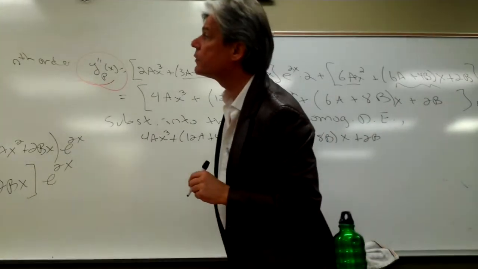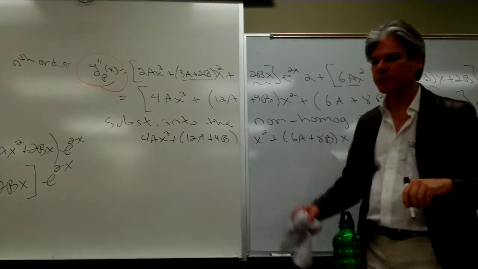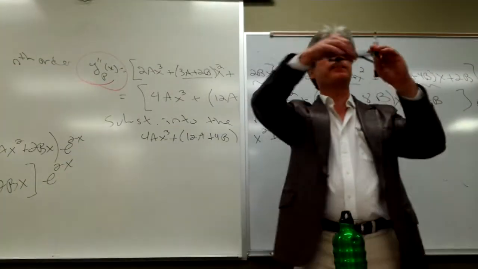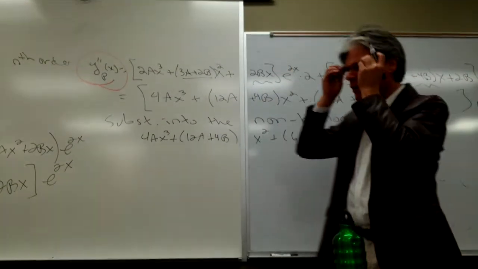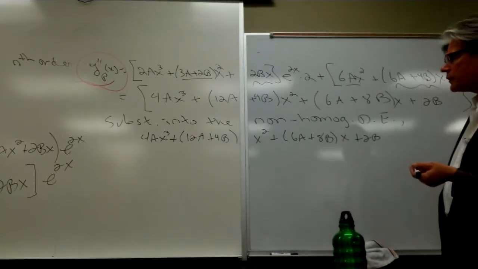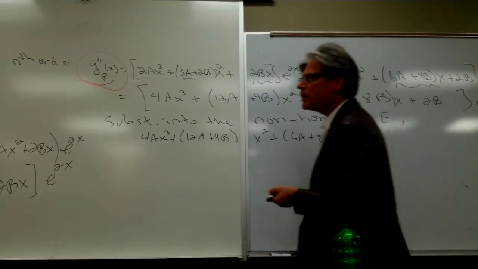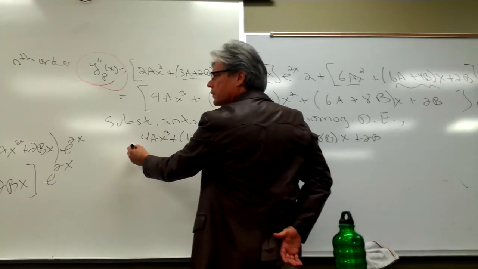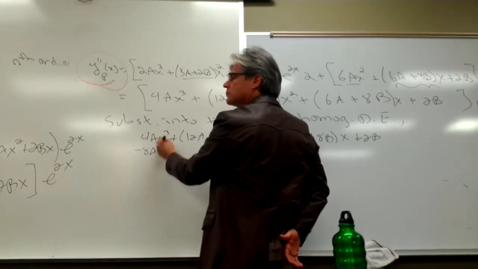Minus 4 times the first derivative. I'm too far away. I said minus 4 times the second derivative, but that's just going to give me a minus 8ax cubed?